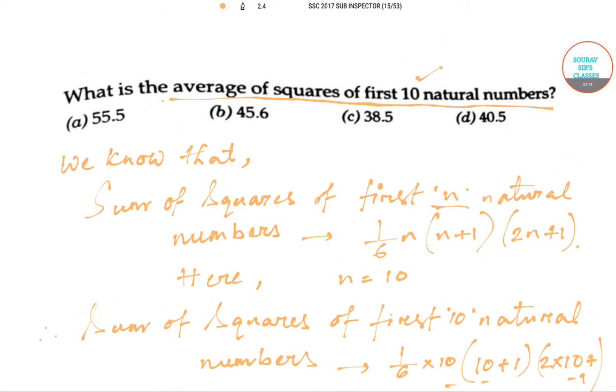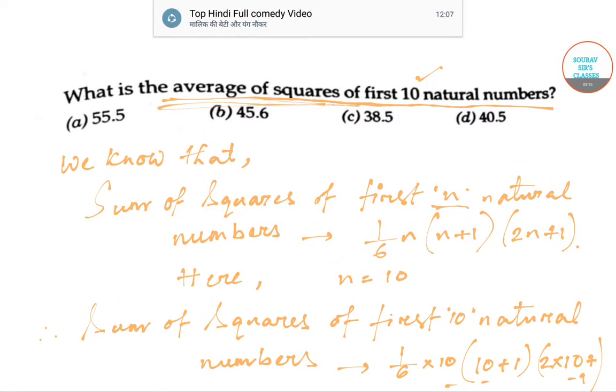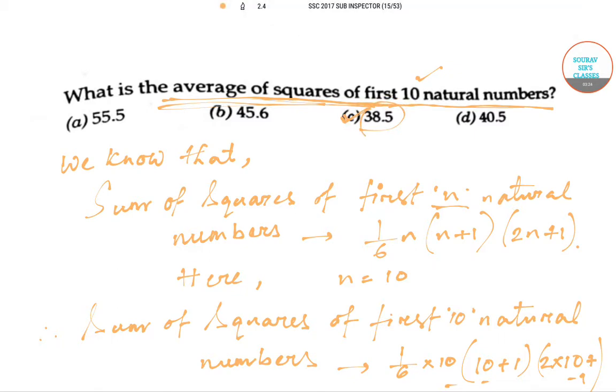So the average of the squares of the first 10 natural numbers is 38.5, that is option C. So C is the correct answer.